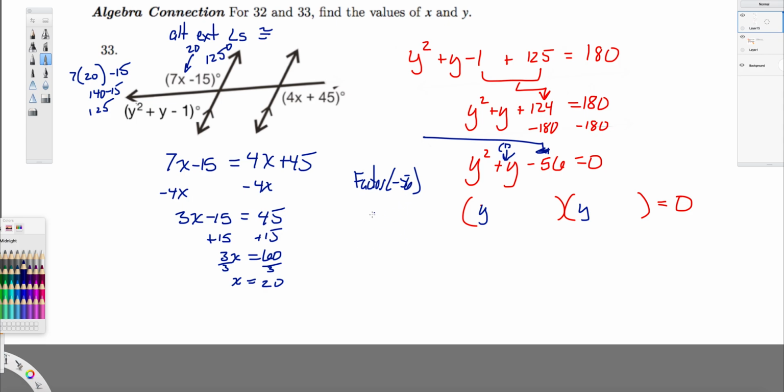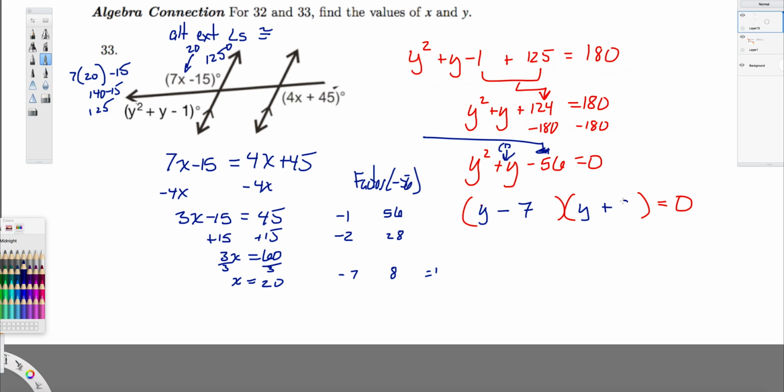We've got negative 1 and positive 56, but that doesn't add to 1. Negative 2 and 28, that doesn't work. 3 will not go in, which won't work. Our values are going to be negative 7 and 8. Negative 7 times 8 is negative 56, and when I add these, I would get 1. So this is going to be how I factor.